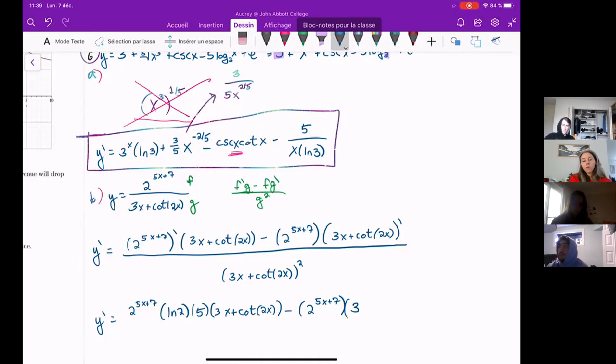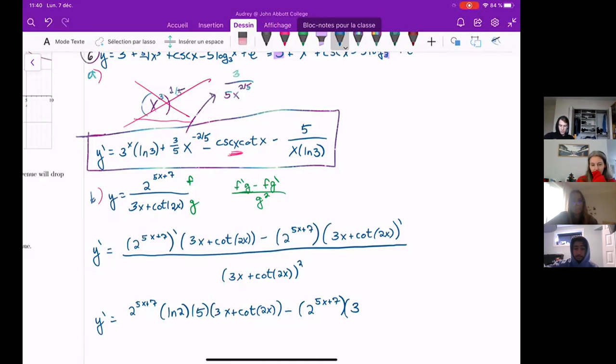Privately in the chat, what is the derivative of cotangent of 2x? Yes. Good job, David and Kiana. No. You guys definitely need to get on studying your trig.